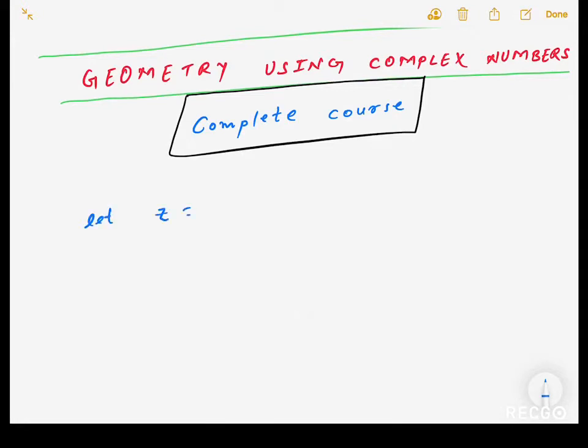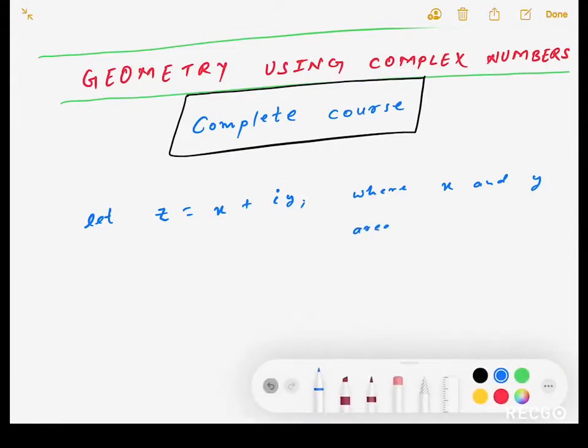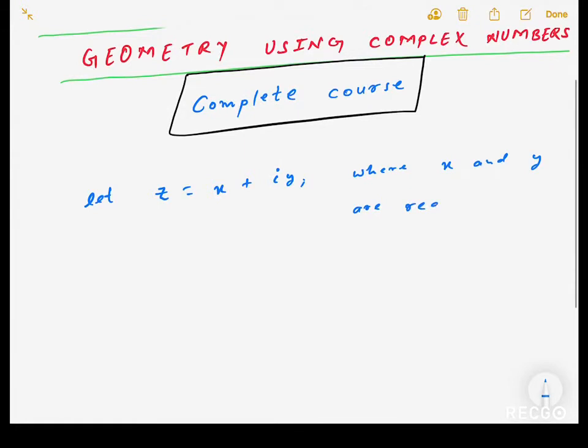First of all, let us assume there is a complex number z equal to x plus iota y, where x and y are both real numbers and iota is equal to under root minus 1. So iota is defined in this way: iota square is equal to minus 1. Suppose z is equal to x plus iota y is this complex number. x is called the real part of the complex number z, and y is called the imaginary part.